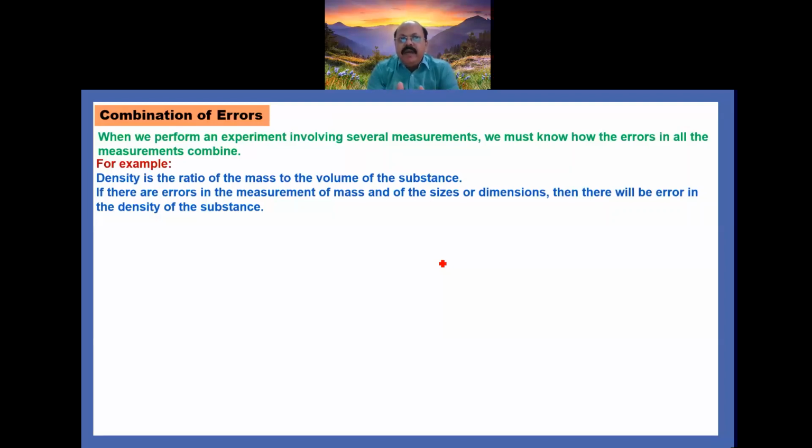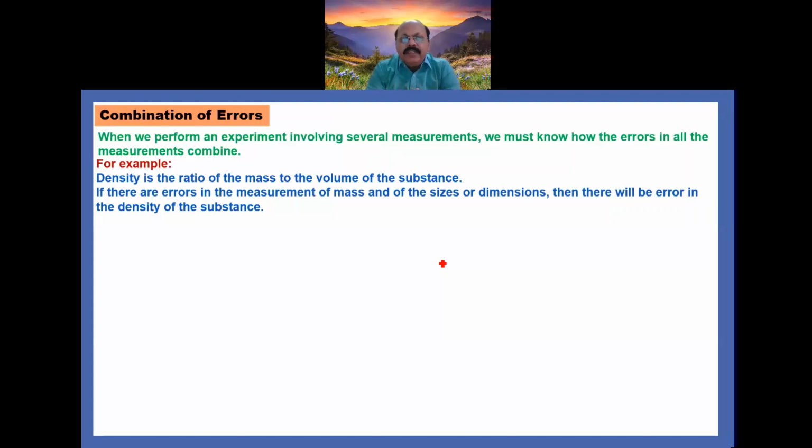It means when we perform an experiment and take some readings, and then perform some calculations, in these calculations we perform arithmetic calculations, that is addition, subtraction, multiplication, division, raised to the power. So in that some errors take place due to the combination. So these errors are called the combination of errors.